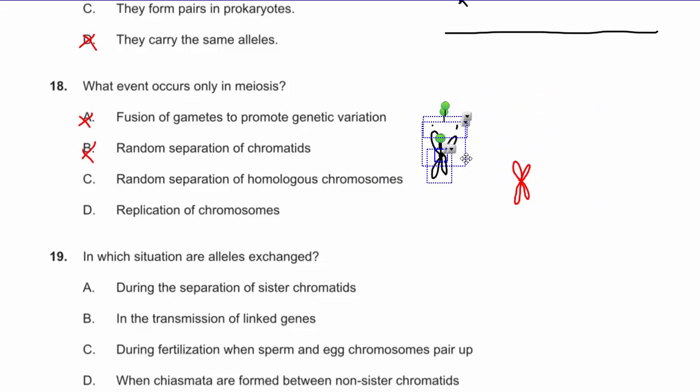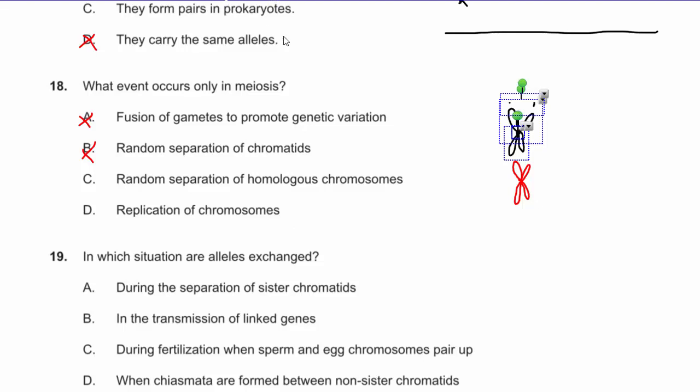So it's arbitrary which of the daughter cells after meiosis 1 the different chromosomes go to. So for example, one daughter cell could get daddy, mother, daddy, and then the other one would get mother, daddy, mother, for example.